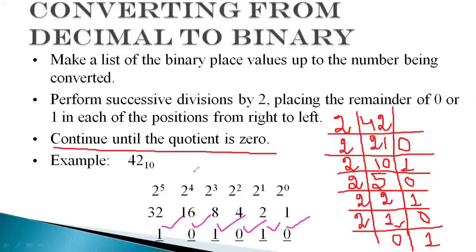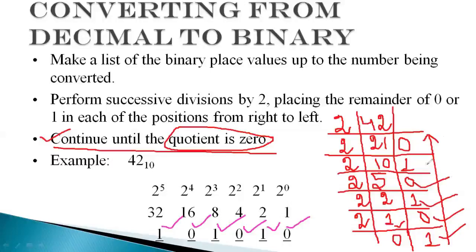At this moment, when you have achieved the division till the quotient is 0, I finally got the quotient, which is 0. Now you have to read the number from bottom to up. That means 101010.